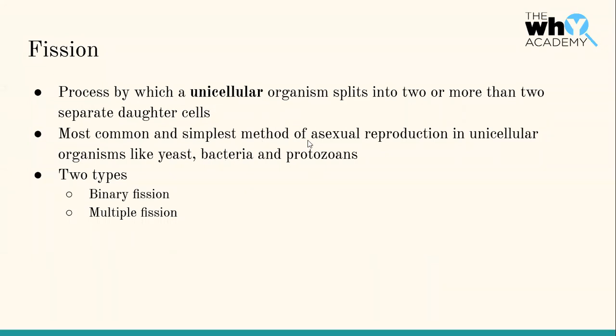Fission is the most common and simplest method, and it is seen in organisms like yeast, bacteria, and protozoa. These are important. Yeast also reproduces by budding. If they ask what yeast mainly uses for reproduction, it is budding. Both actually, but they won't ask which both.